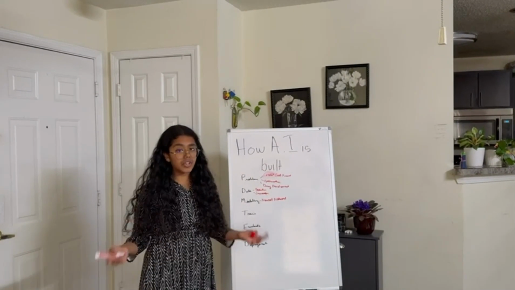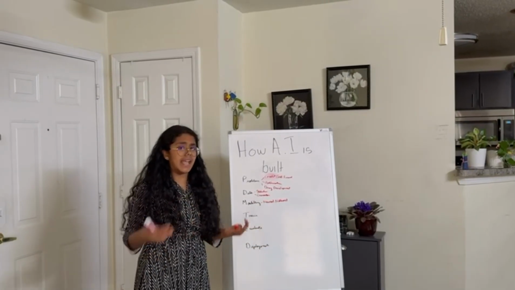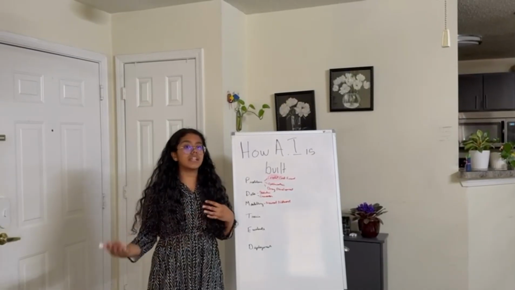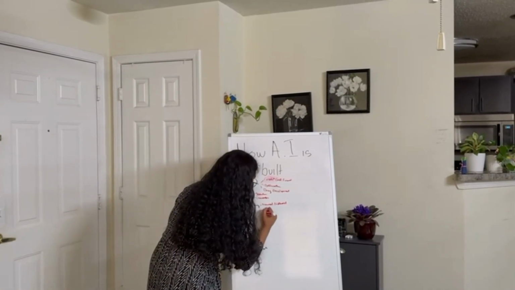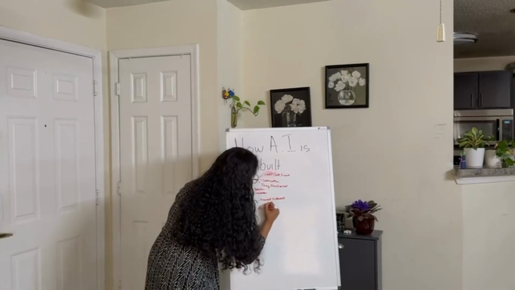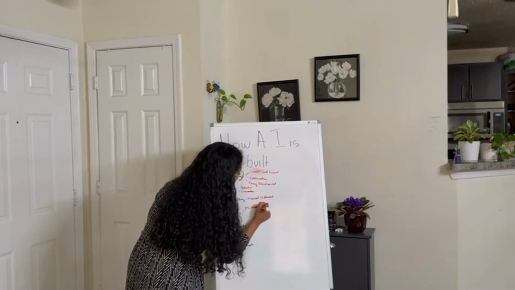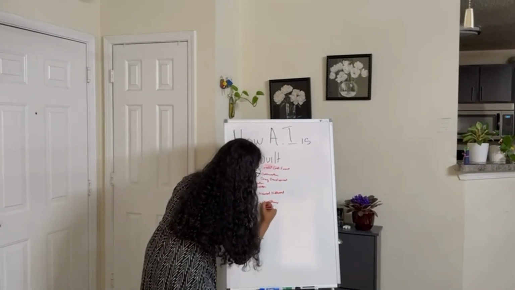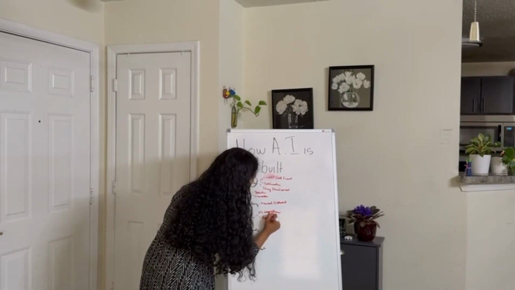Then we have training. So we need to actually train this AI model to work the way we want it to. So we use machine learning algorithms to do this and feed it data that can help the AI form relationships from certain characteristics.